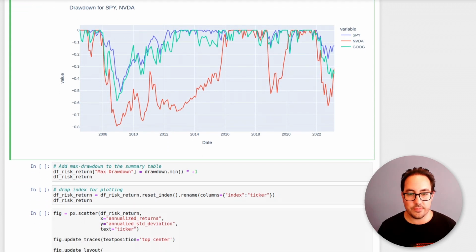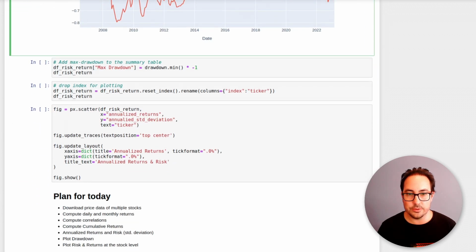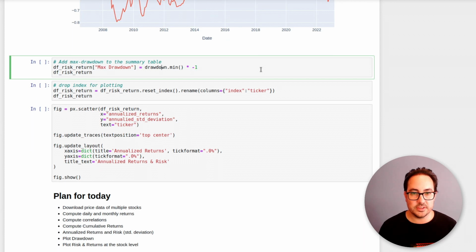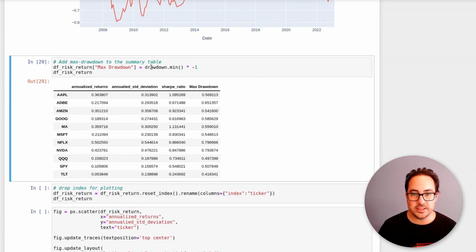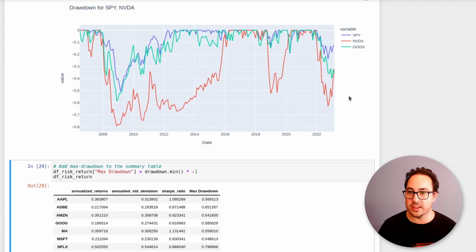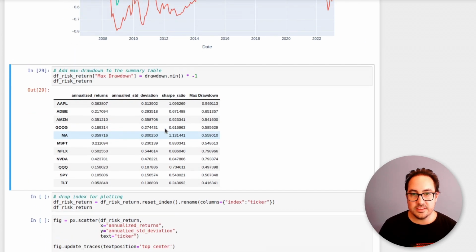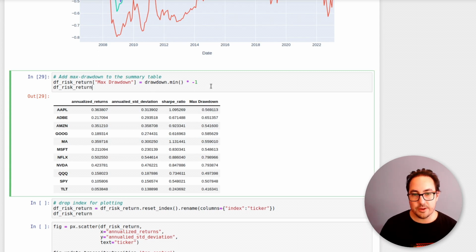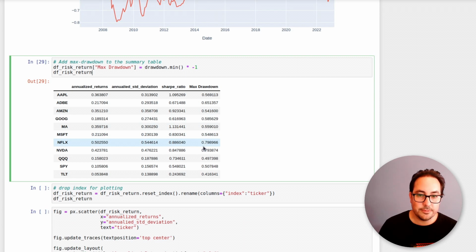Okay, so one thing that we can do is compute the max drawdown. So basically grab this time series and look for the highest value. Generally it will be around this period. And this gives you an idea of what's the worst thing that can happen. Basically for Nvidia, it was minus 79%.